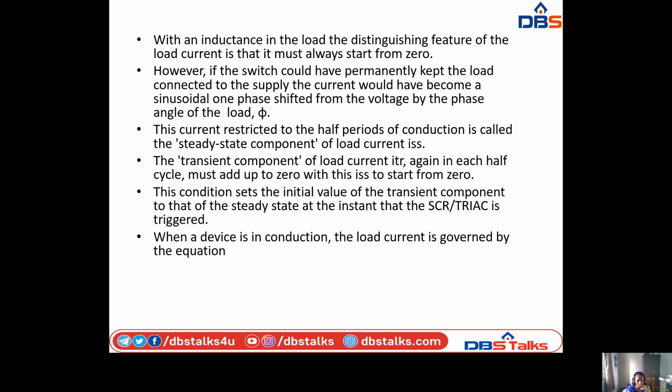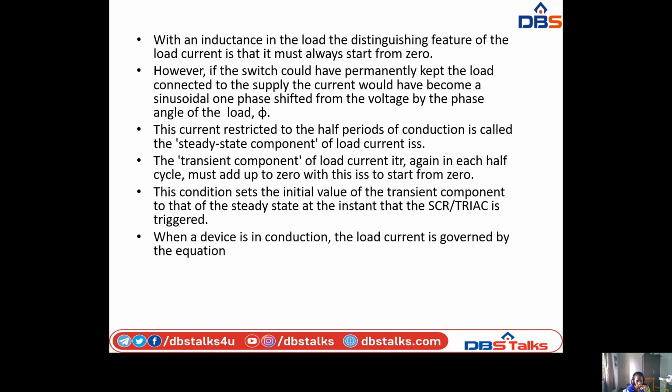That is called the steady state component of load current ISS, and the transient component of load current ITR. In each half cycle they must add up to 0, with ISS starting from 0. So these conditions set the initial value of the transient component to that of the steady state at the instant the SCR or triac is triggered.